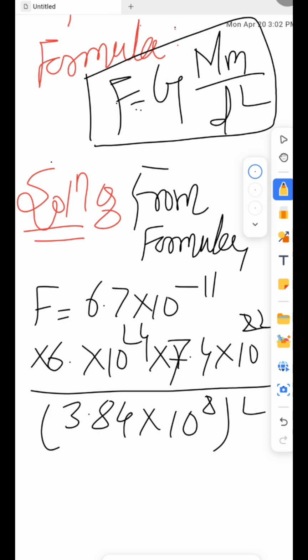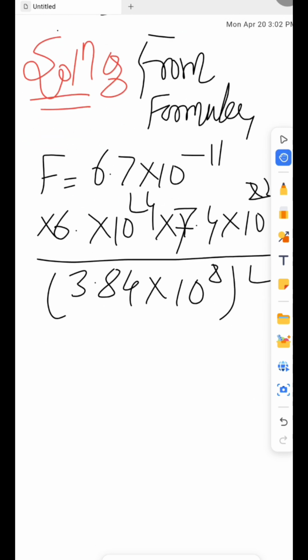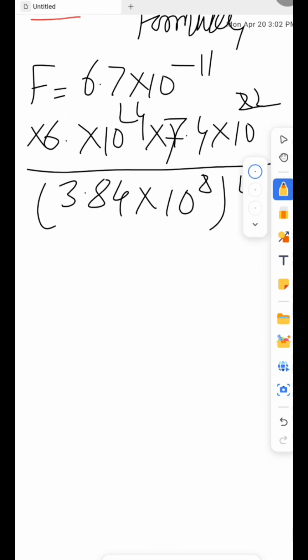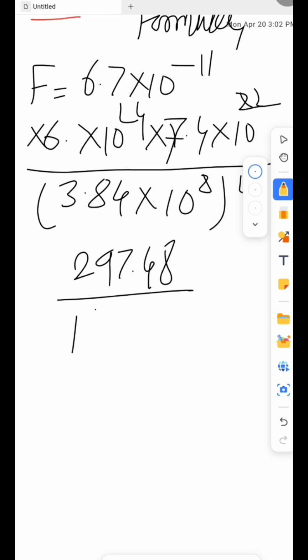When we multiply 6.7 into 6 into 7.4, we get 297.48, divided by the square of 3.84, which is 14.74. Now this is 10 to the power 16.